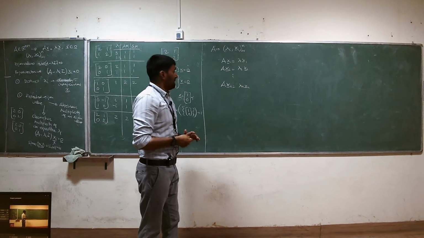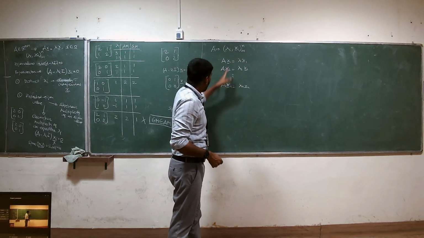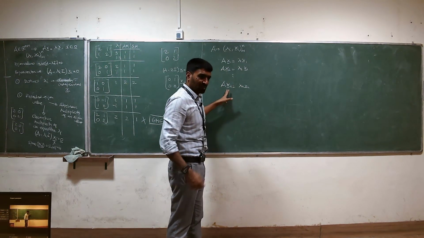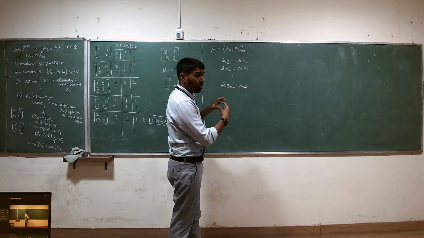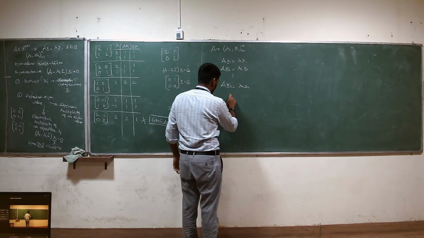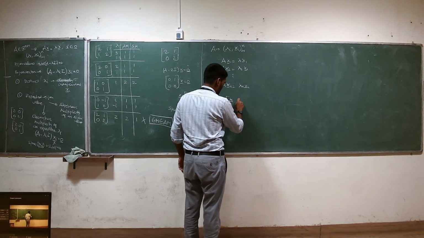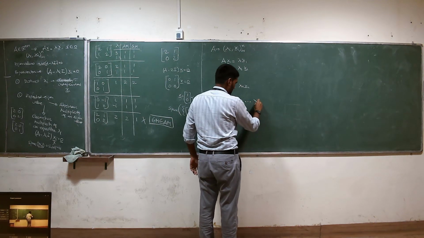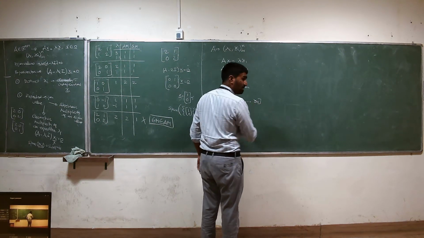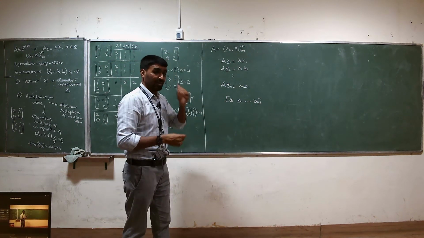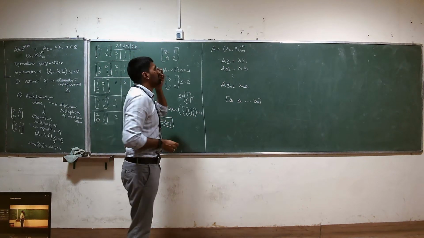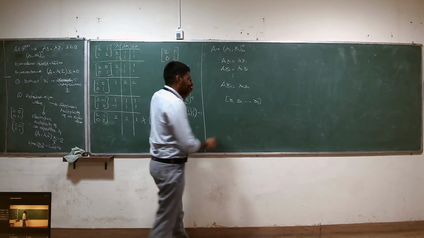Now, if I take all my eigenvectors and stick them into a block row like this, what will be the shape of this matrix? Yeah, n cross n. Good.